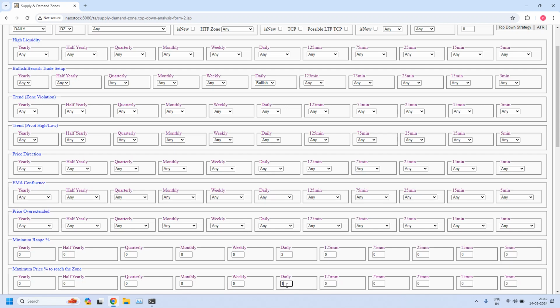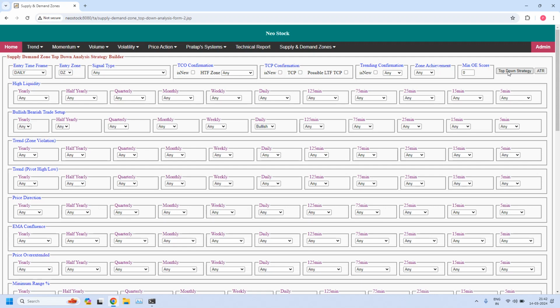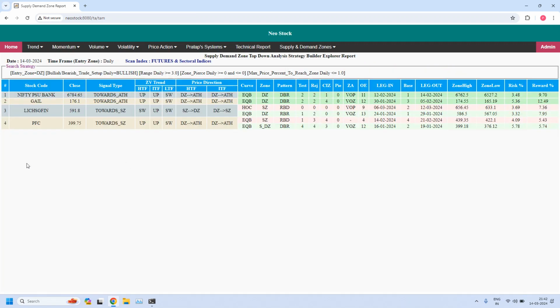It indicates from demand zone to current price, the price percent should not be more than 1%. That means within 1% range. So currently these 4 stocks are within 1% to the demand zone. If the price is down by 1% tomorrow in any one of these stocks, you will get an entry.